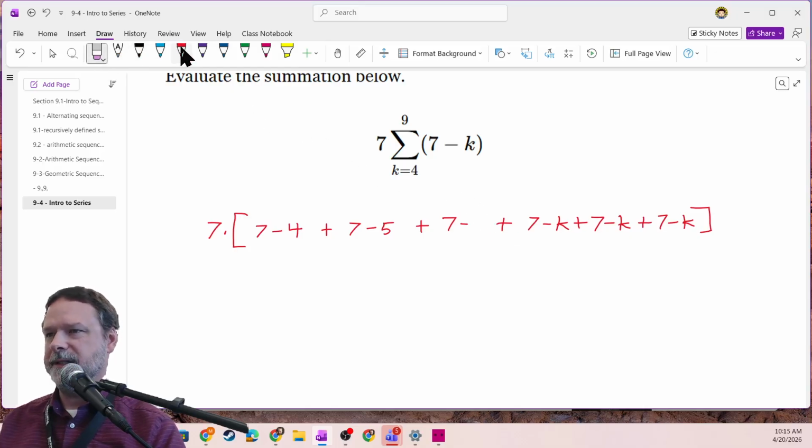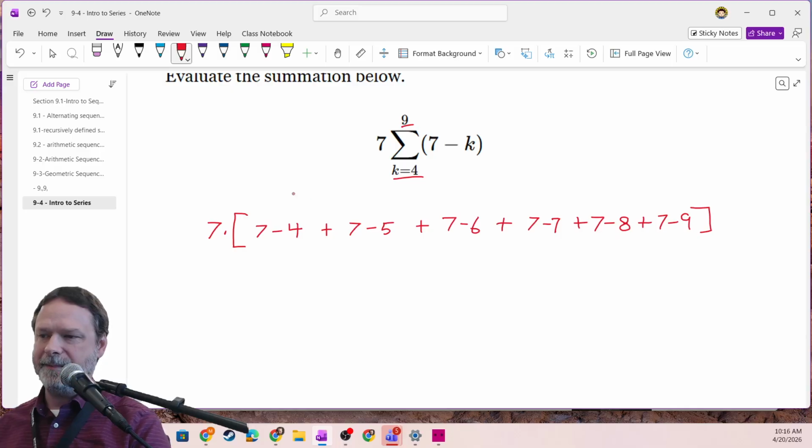The third one should be a 6. The fourth one should be a 7. The fifth one should be an 8. And the sixth one should be a 9. I've changed my k's from 4 to 9. That's what this means, from 4 to 9. And then we're going to add up each of these.